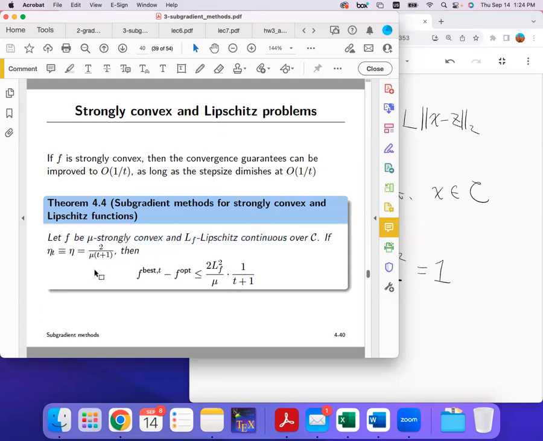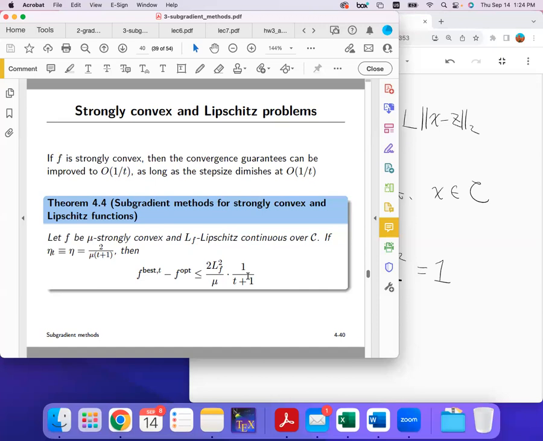It can be shown that for these problems, if we choose a step size of roughly 1 over t, then the convergence rate is roughly 1 over t. So this is for strongly convex problems.